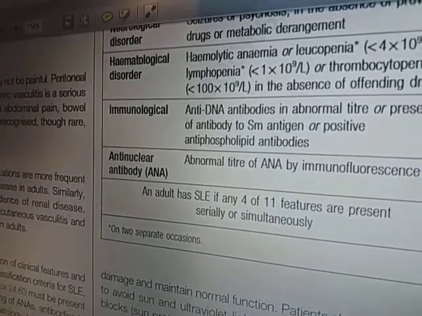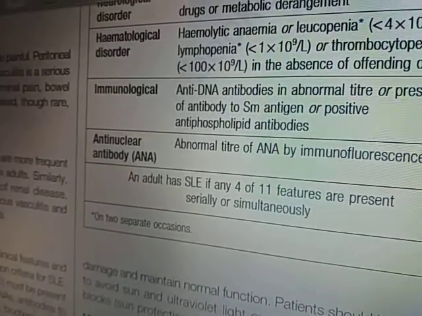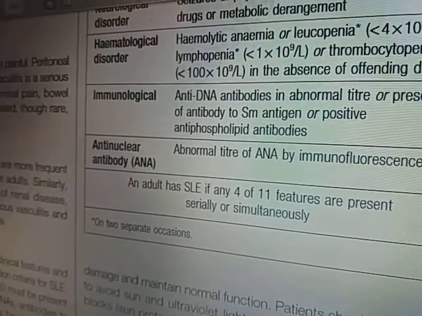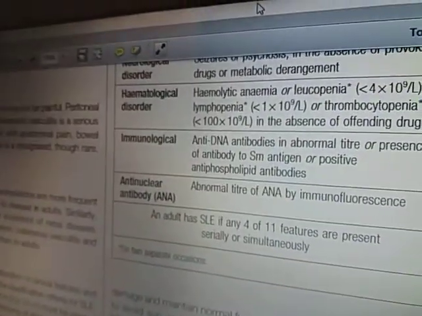Low complement C3 and C4 levels, raised ESR, leukopenia, and lymphopenia are typical of active SLE.